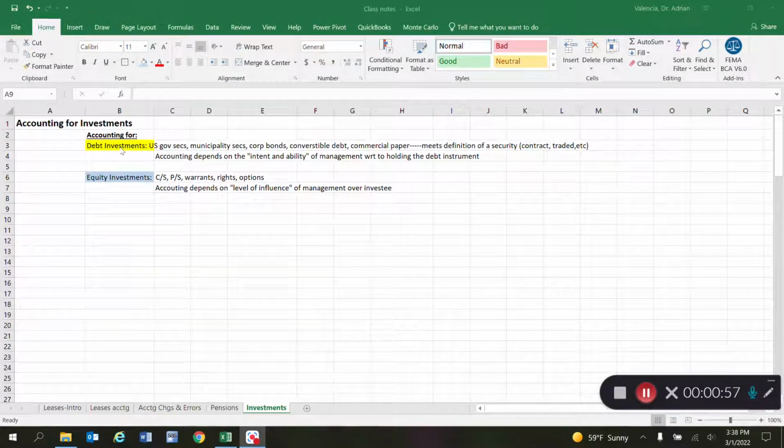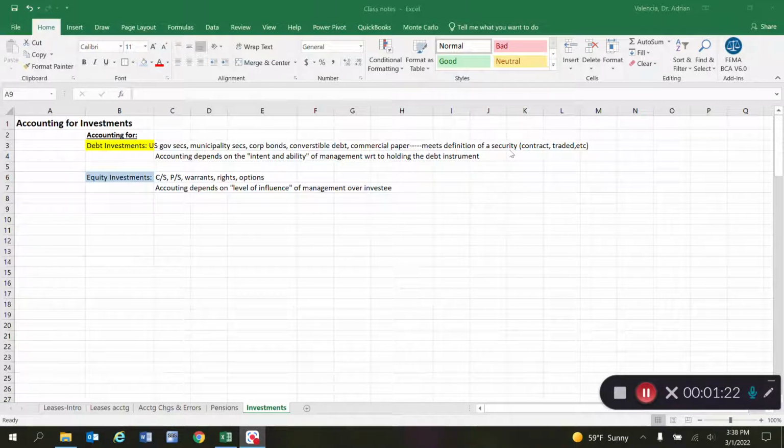Let's start out with debt instruments or investments. These are government securities, like from either the U.S. government or municipalities. This could be corporate bonds, convertible debt, commercial paper. And commercial paper are just basically IOUs from different companies. But what's important here is that they meet the definition of a security.